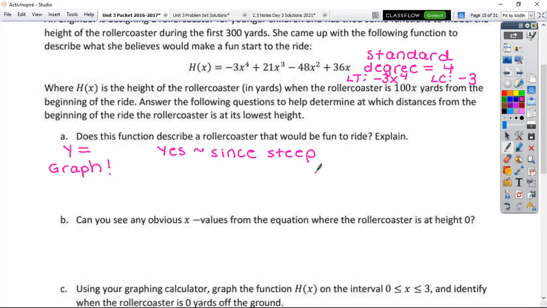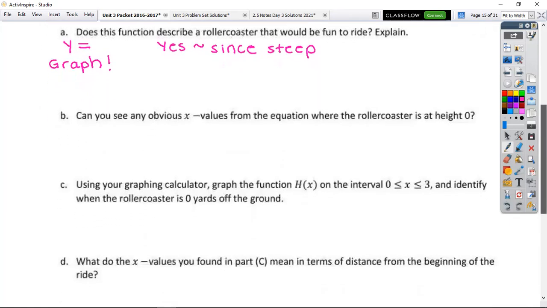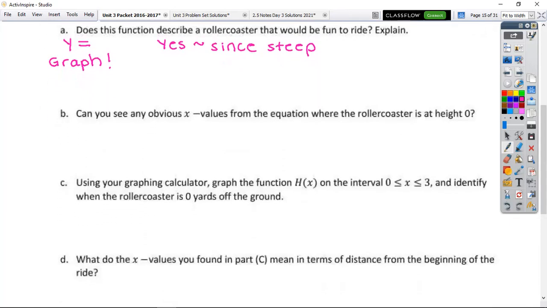Can you see any obvious x values from the equation where the height was equal to 0? If you go back to your picture and look at it, it kind of did one of these. And you had this one, you had this one, and you had this one right here. So this was 0, and then 2, and then 3. So I'm going to say yes.